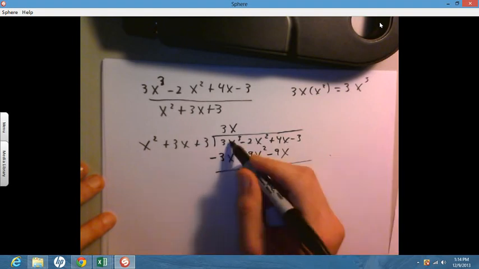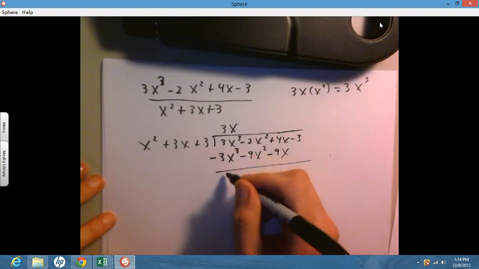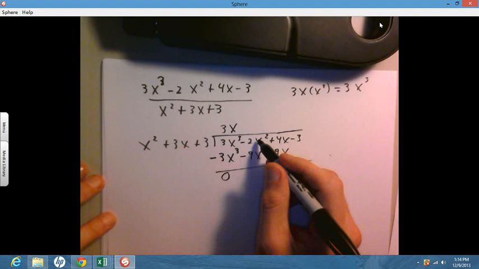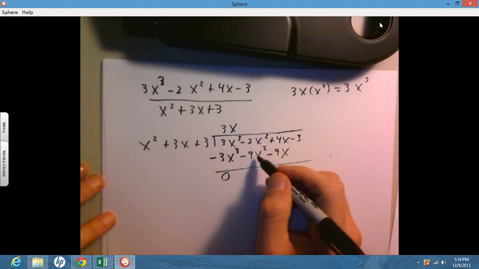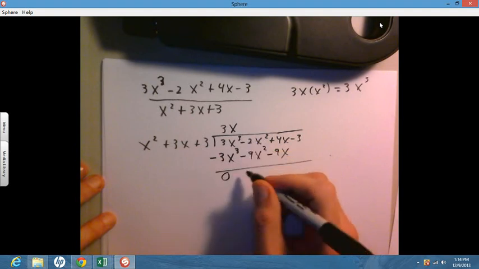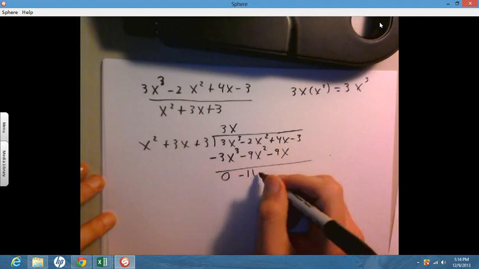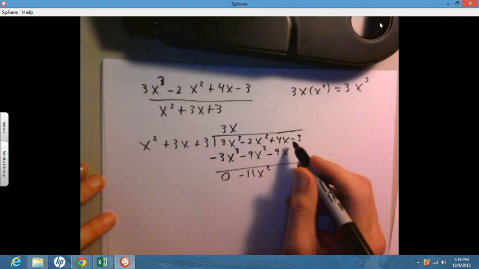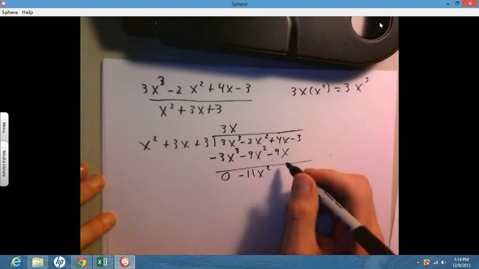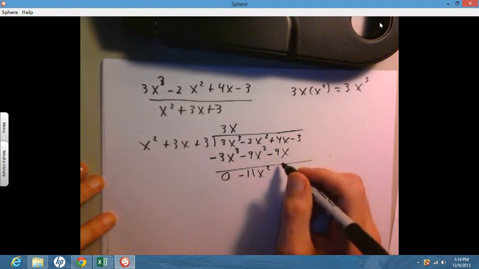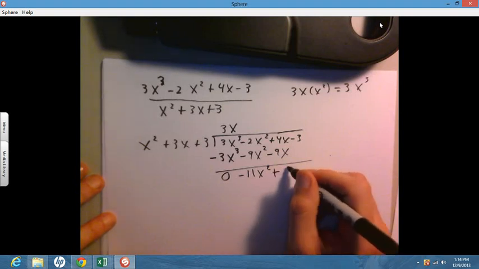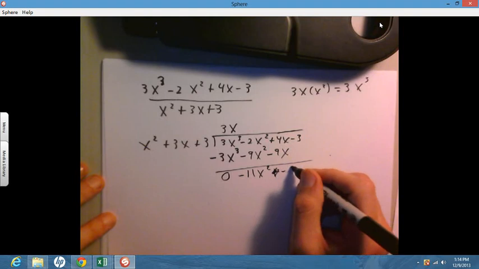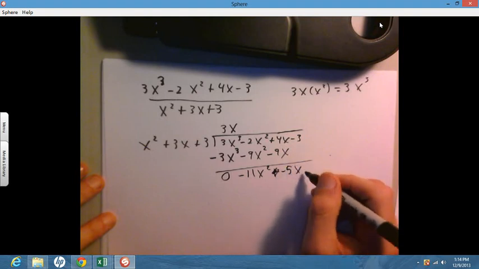These two cancel to 0. This becomes negative 9x squared, and negative 2x squared is minus 11x squared. Minus 9x and a positive 4x gives us, I'm sorry, minus 5x. And that becomes a minus 3.